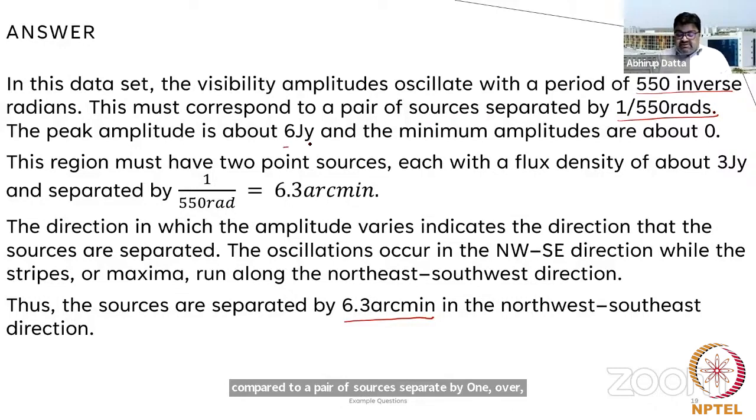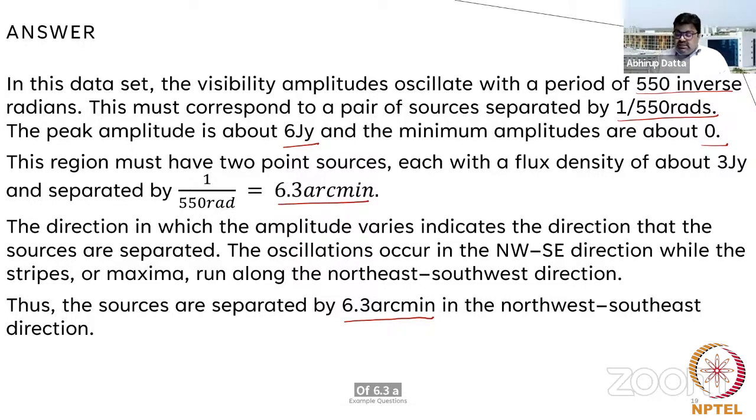With a peak amplitude of 6 Jansky and a minimum amplitude of about 0, this gives you the separation of 6.3 arc minute, and two sources of exactly the same flux density of 3 Jansky, because it is 3 plus 3 at the peak.